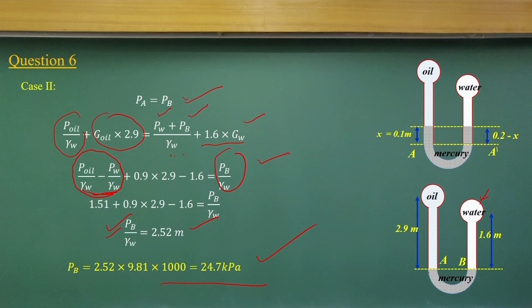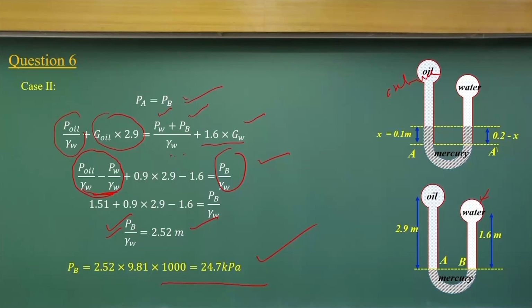Basically, try to understand it. There are two conditions we have: the initial condition where the manometric liquids are at different levels, and the final condition when we apply the additional force at this point.